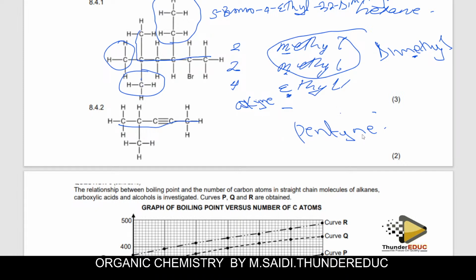So it's going to be pent-2-yne. And then now I have the side group here. It's 1, 2, 3, 4. So carbon atom number 4. So it's going to be 4-methylpent-2-yne. That's how we write it.